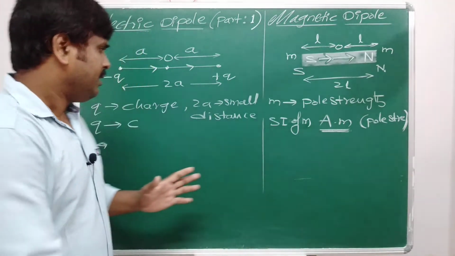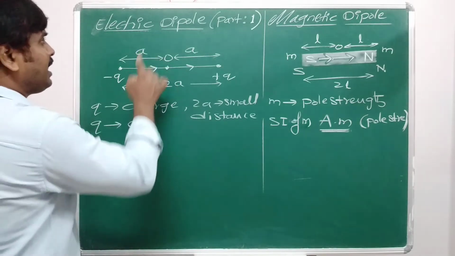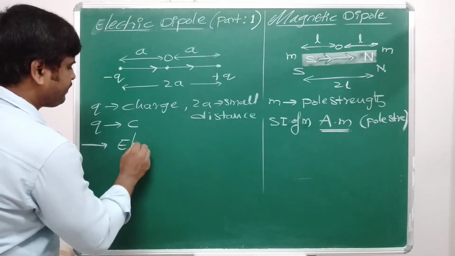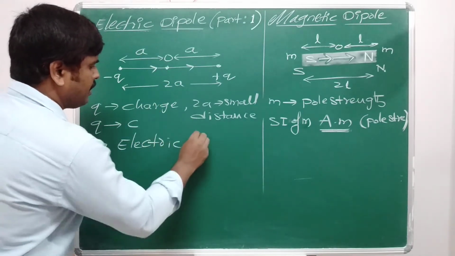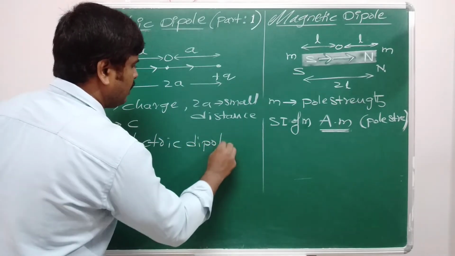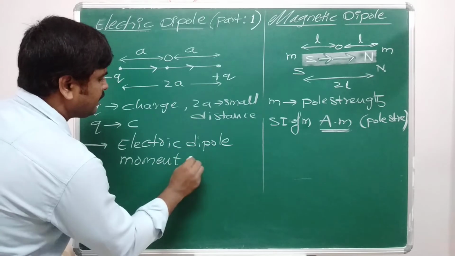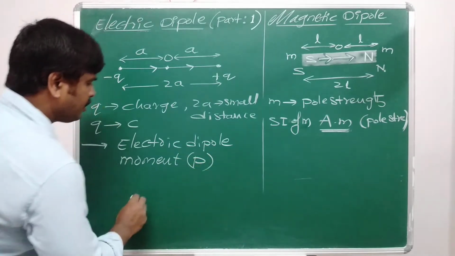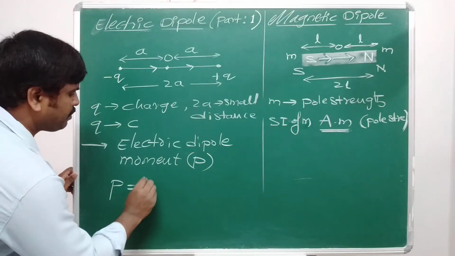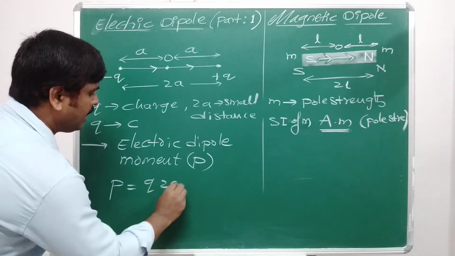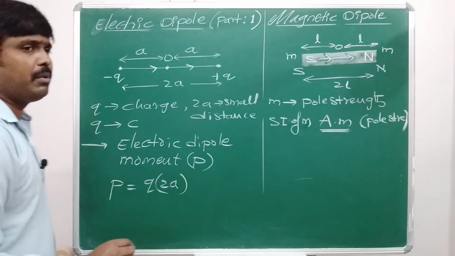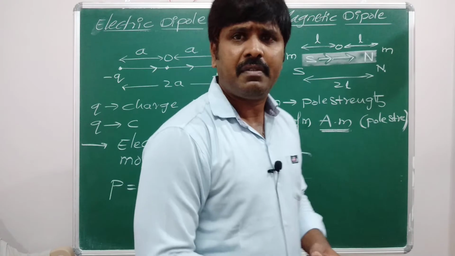See, next is the electric dipole moment. The indicated letter is capital P, which is equal to the product of charge and length of the electric dipole. What is the dipole moment of an electric dipole?